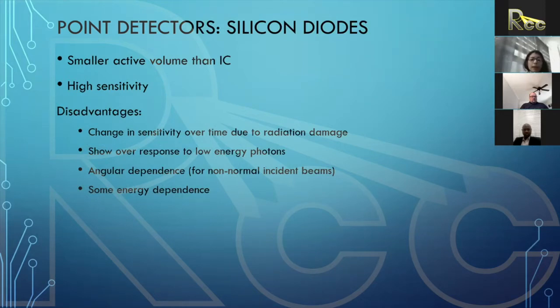You have to keep an eye on diodes because they change in sensitivity over time. They get damaged by the radiation. They show some over response to low energy photons, and they have some angular dependence as well as some energy dependence.